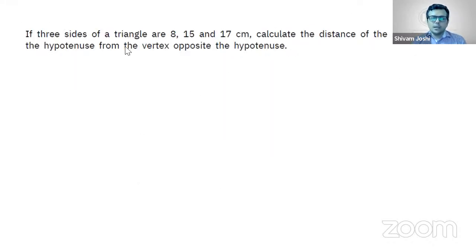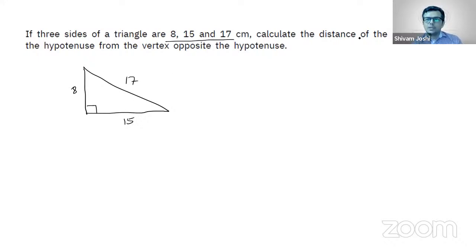Three sides of the triangle are 8, 15, 17. You should know that whenever you have 8, 15, 17, it must be a right angle triangle. Calculate the distance of the midpoint of the hypotenuse from the vertex opposite to the hypotenuse.